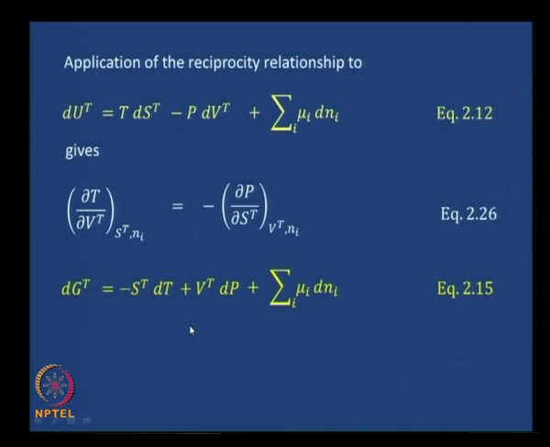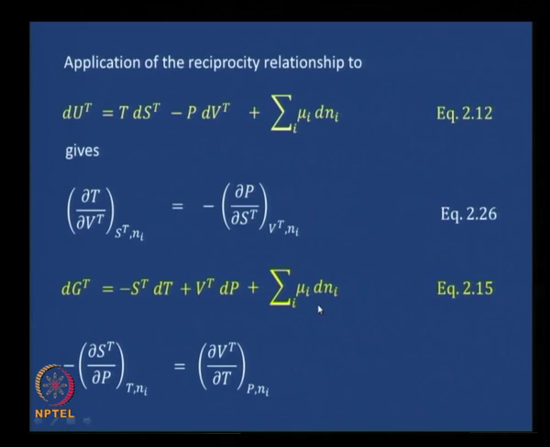If we utilize the reciprocity relationship here, then minus dou St by dou p at constant T and all other ni equals dou Vt by dou T at constant p and all other ni. By now you must be getting comfortable with writing reciprocity relationships from total differentials. Let us call this equation 2.27.